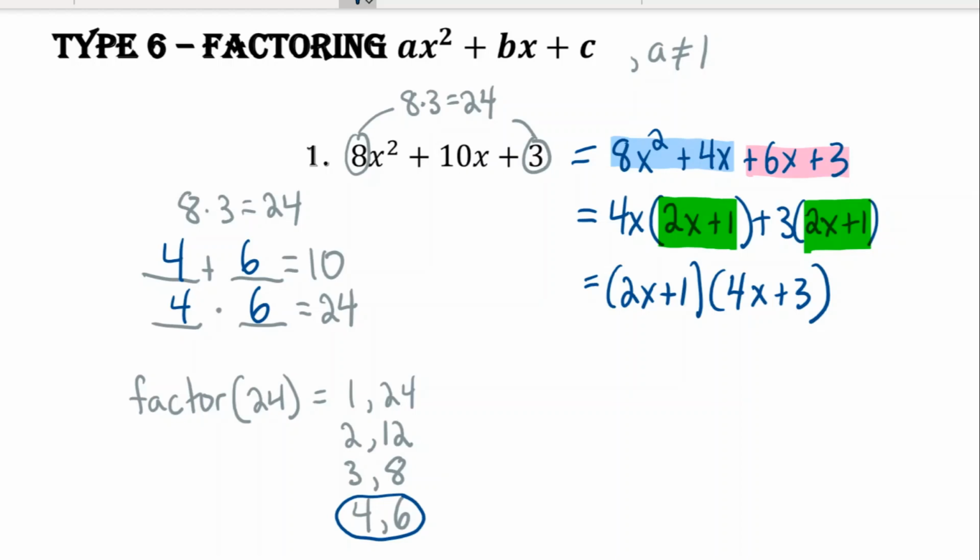I would do something like this in the past. I would think, okay, I'd set up like this, and I'd go, okay, how can I get 8? I can do like an 8x and a 1x here. I can do like a 2x and a 4x here, because I know when I FOIL this out, 2x times 4x is going to give me 8x squared.